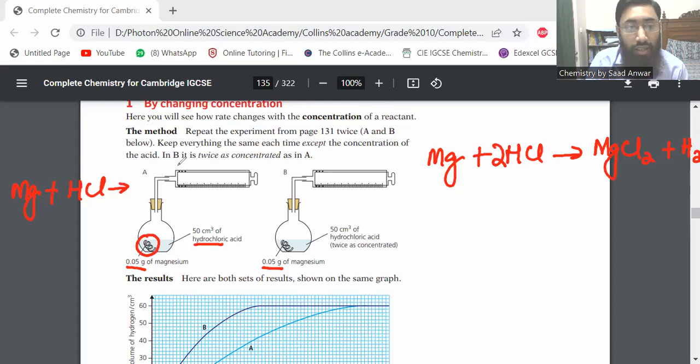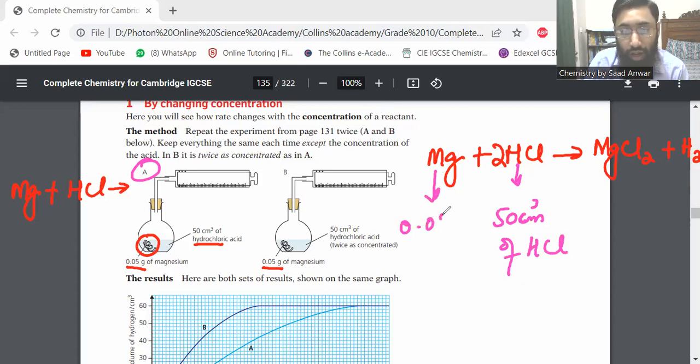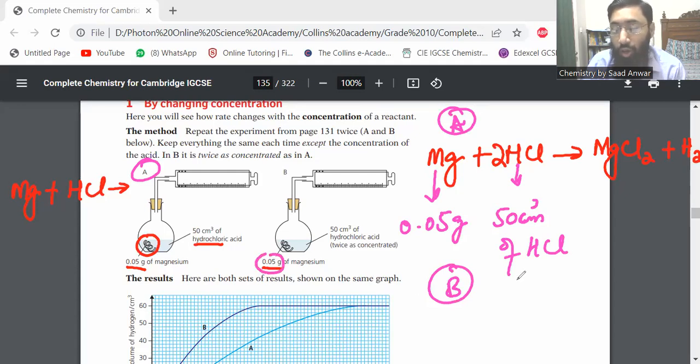So in experiment A, I have taken 50 cubic centimeter of HCl and the mass of magnesium is 0.05 gram. Then in experiment B, the mass of magnesium is again 0.05 gram and the volume of HCl is again 50 cubic centimeter.